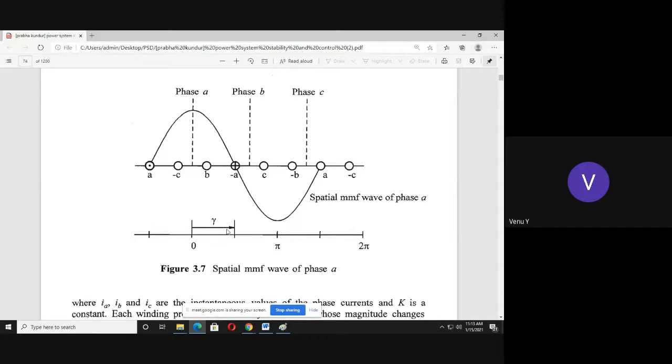When the physical stator is cut and separated as a horizontal block, you will have this kind of spatial distribution. So this is phase A. From phase A, you can measure the angular distance gamma.